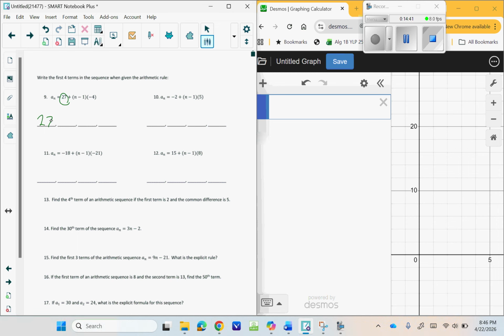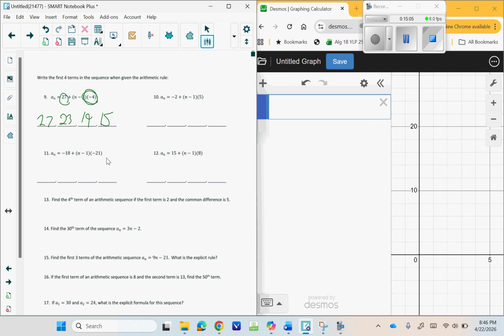So I know it's 27. And then I know that I'm subtracting 4. So literally in your calculator, you could just put 27 minus 4 and get 23, and then subtract 4 again and get 19, and then subtract 4 again and get 15. So it's really pretty easy.